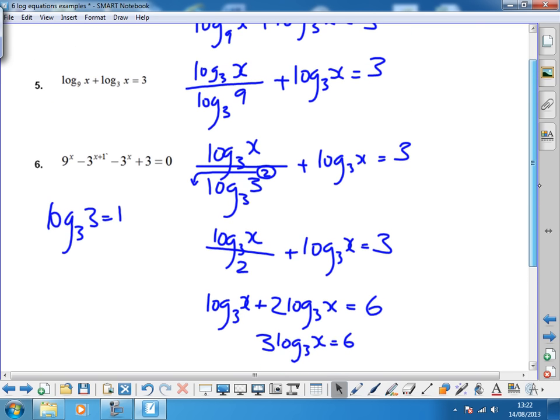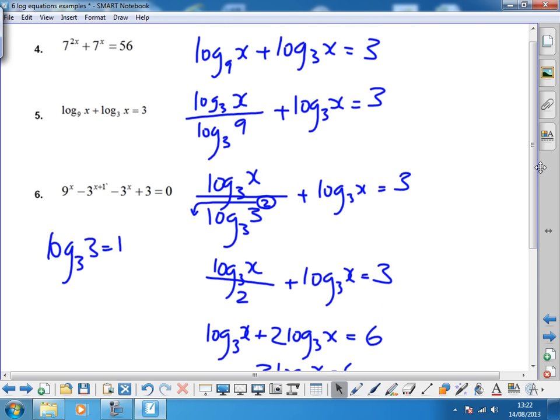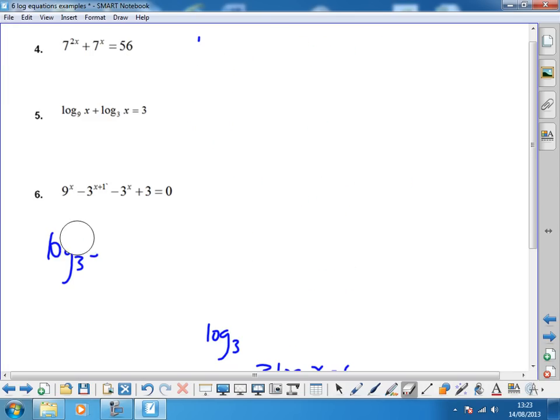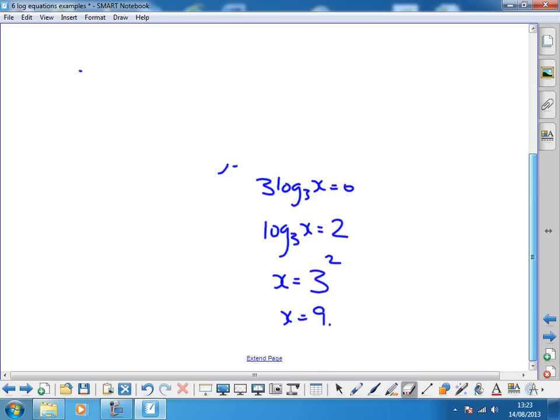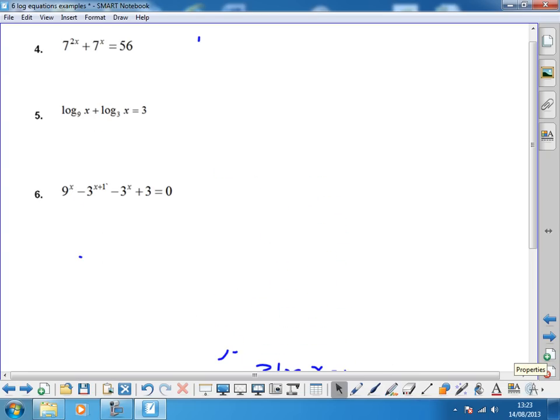Oh, look, we've got one that's very similar to number 4 now, but looks more complicated. Sometimes they get quite big, these. Right, now what I'm going to do now is, here I put y is 7 to the x, I'm going to put y is 3 to the x.